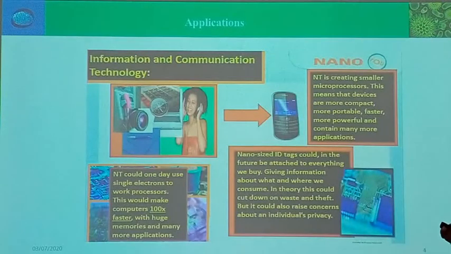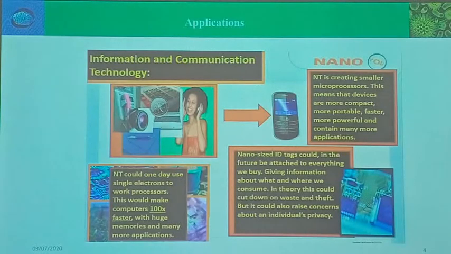Information and communication technology is just one example. Here we are using different nano electronics in communication systems, and nanotube structures, nano rods, or any other materials for that nano electronics. Nanotechnology is creating smaller microprocessors.